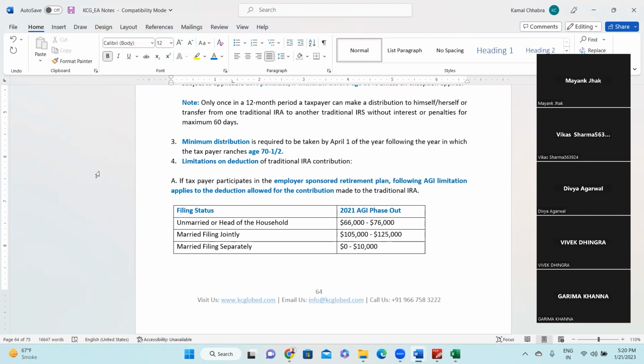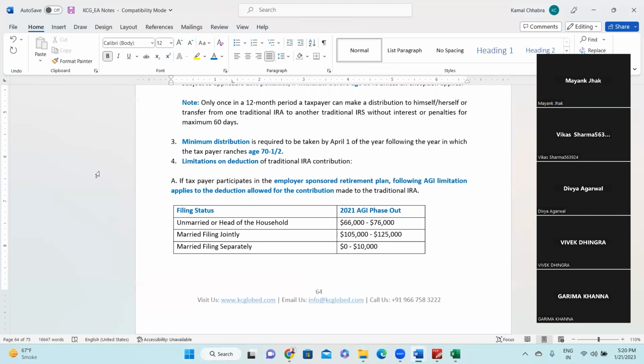But as you start earning more, the tax benefit will start getting reduced. That is called the Robin Hood rule, or you can say phase out process, right? So in case of your filing status unmarried or head of the household, the phase out is $66,000 to $76,000.